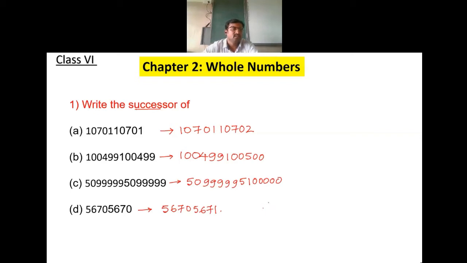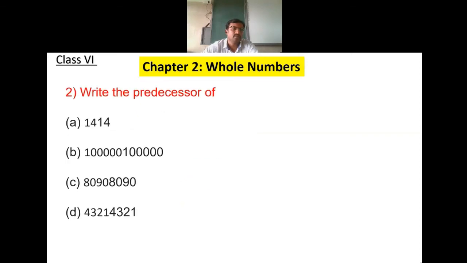Likewise, by subtracting 1, we do get predecessor. To find the predecessor of 1414, you need to subtract 1. It becomes 1413. Now, little tricky. This particular number, how do we write the predecessor?